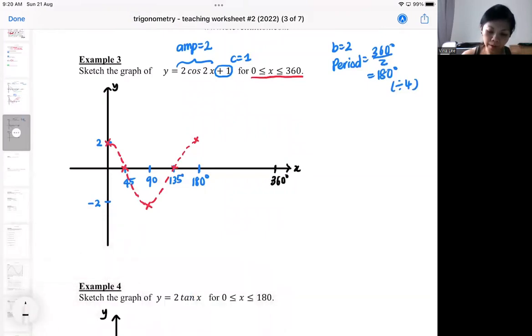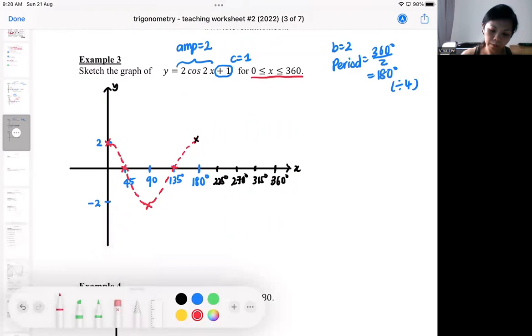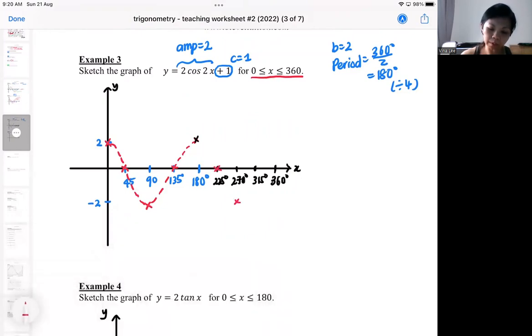So I have another period to draw. You still divide the numbers, and then you still use the guiding points to help you to draw another cycle, another period.